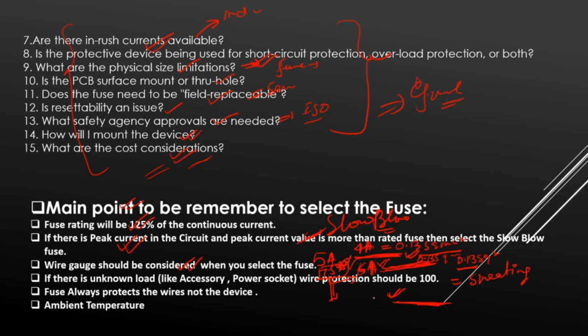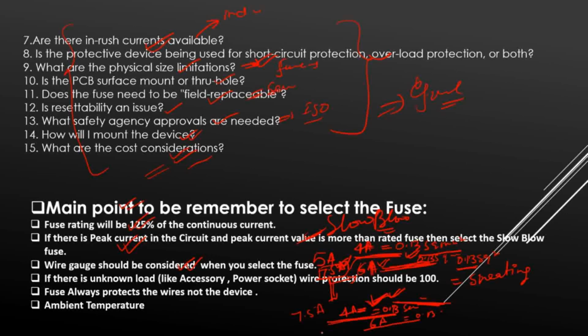If you are still not getting it, then please put a comment below. I will explain again. 4 ampere of current is passing through a 0.13 square wire, this is the wire size, but you are passing 6 ampere of current in it.